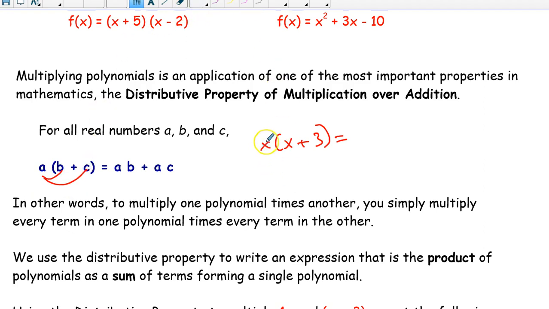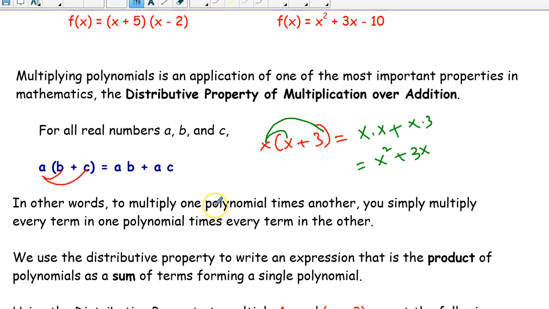Same way, x is multiplied with x, there is a plus, and x times 3, to give you x squared plus x times 3. We always write the constant factor first, so I'll just write 3x.